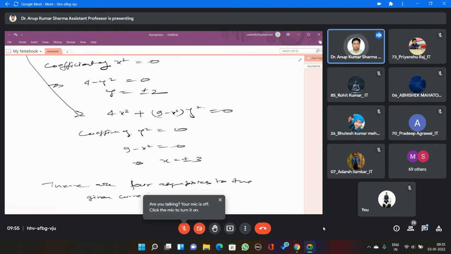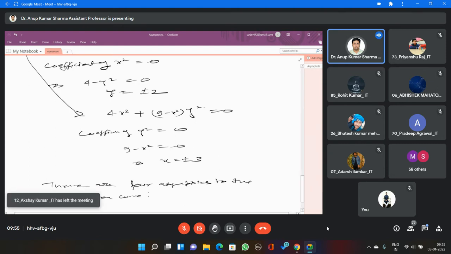Suppose I give a general example, we will see the examples. If they ask how many asymptotes the given curve has, you include both parallel to the x-axis and parallel to the y-axis, and also the oblique ones. If they ask only for parallel to the x-axis, you just calculate in that manner: the coefficient of x gives you those parallel to the x-axis.